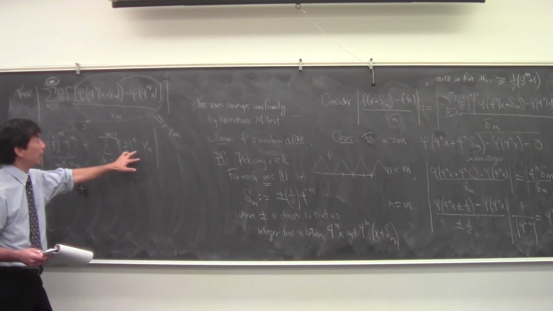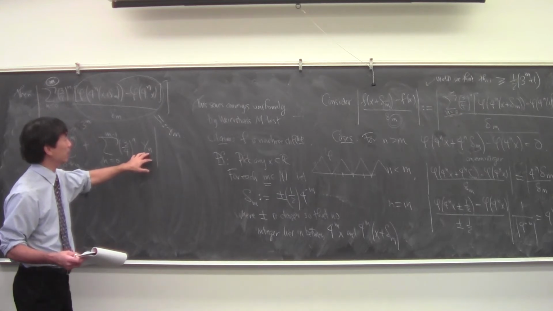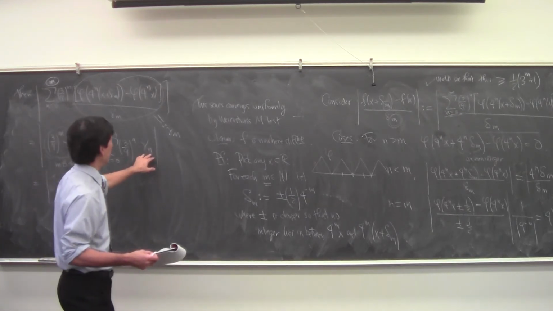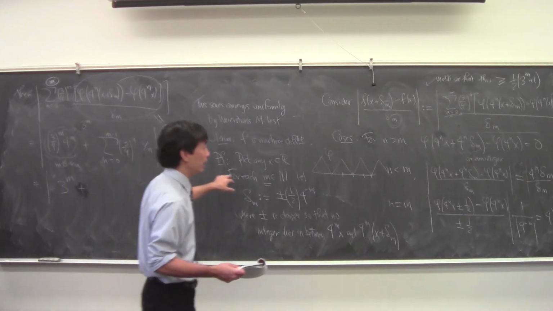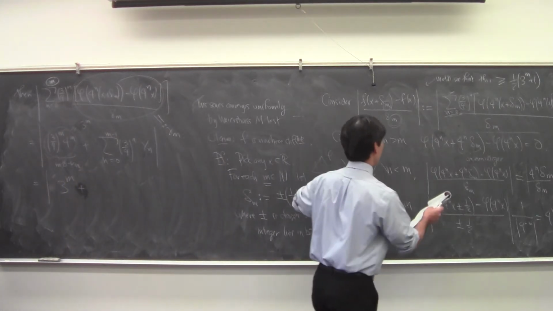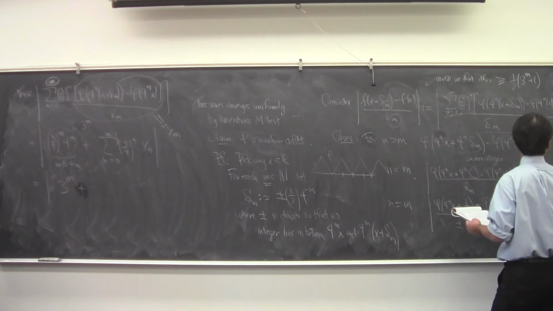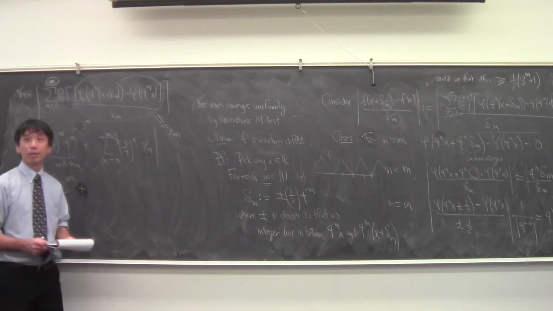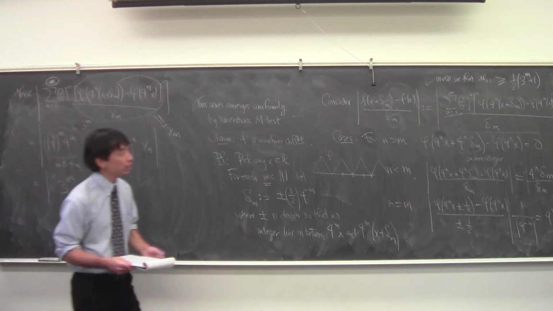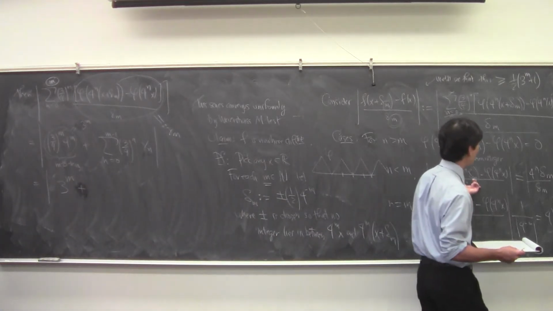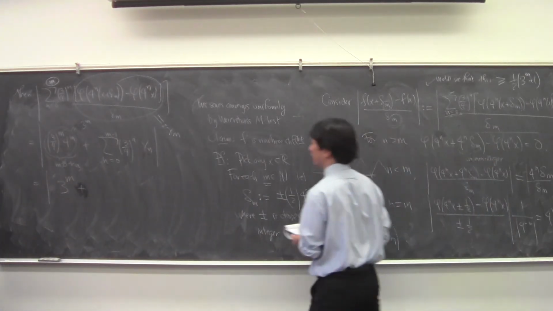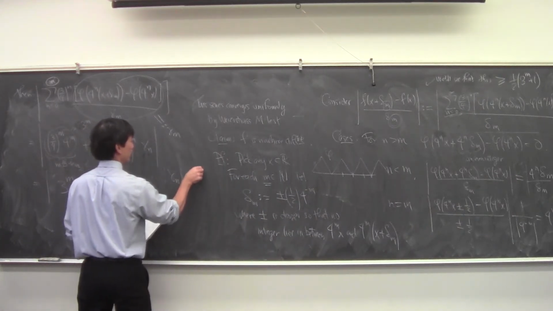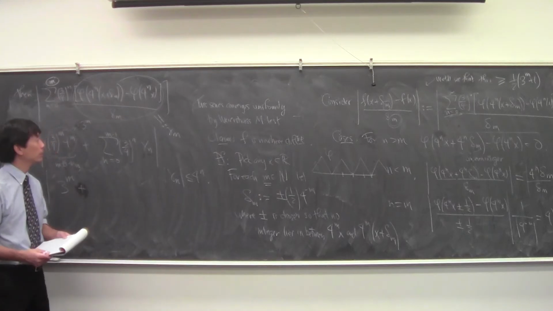Now, how big could this thing be? At its largest, we think the absolute values of the gamma sub n's are less than or equal to 4 to the n.